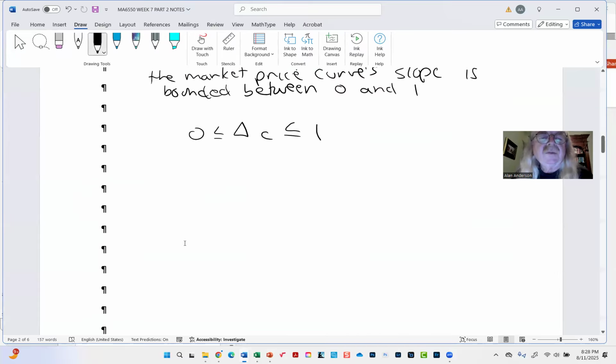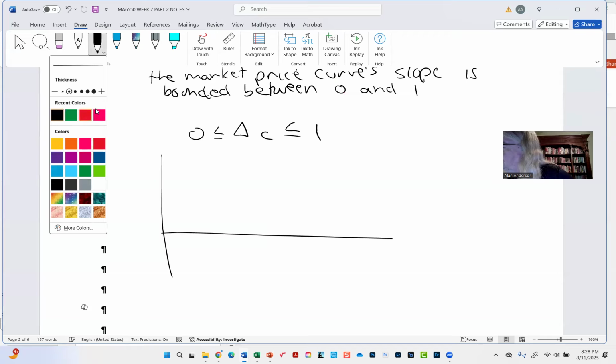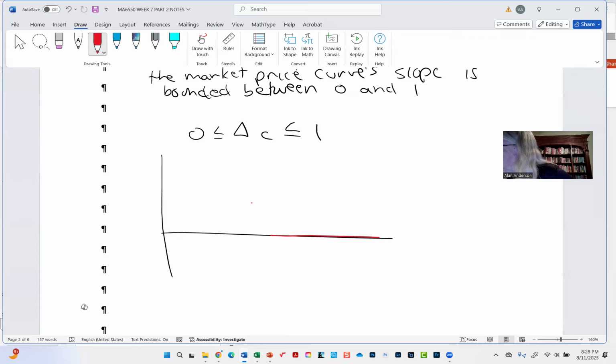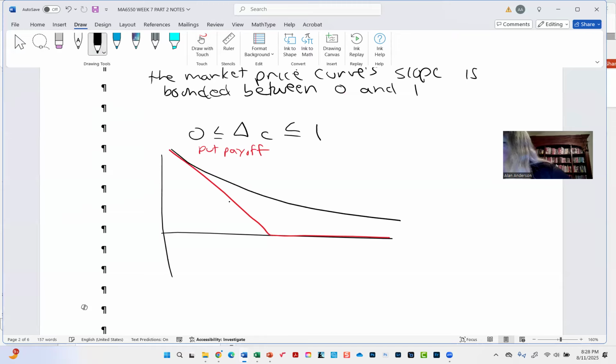And then when it comes to the put, the market price curve there is like this.